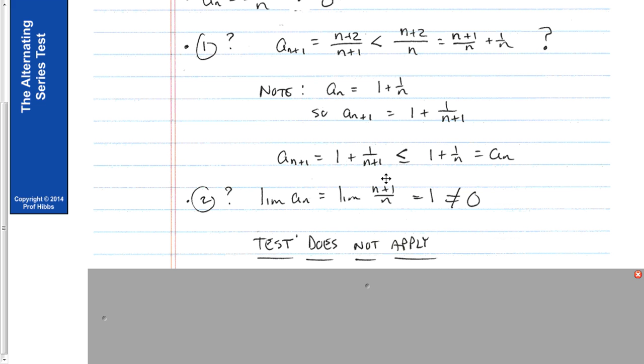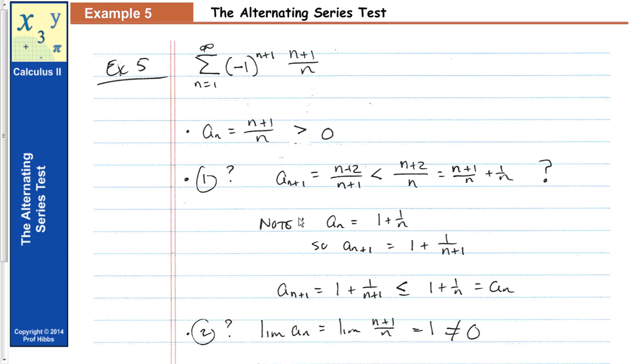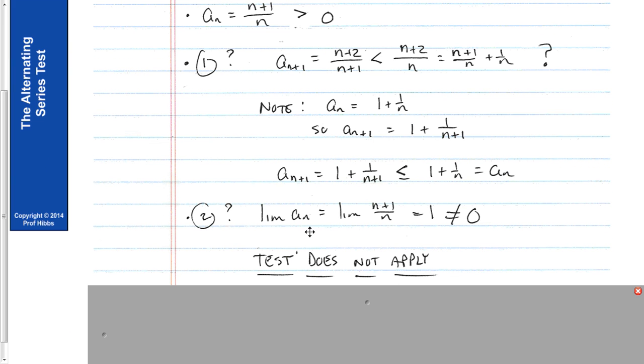And so that, in fact, means the limit of the negative 1 to the power n plus 1 times n plus 1 over n, if we looked at the limit of the terms of the series, they can't go to 0 either. And so, in fact, we know this series diverges. The alternating series test doesn't apply, but because the second condition failed, we know the series diverges. That's kind of a plus side of this test, I guess, under those circumstances.